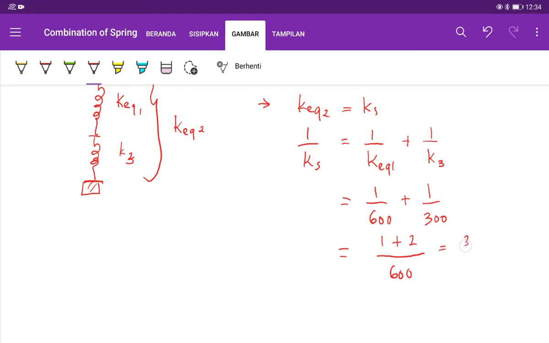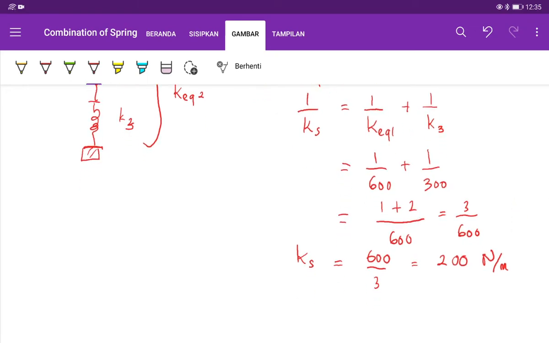So we have 3 divided by 600, which means K series is going to be 600 divided by 3, which is 200 Newton per meter.